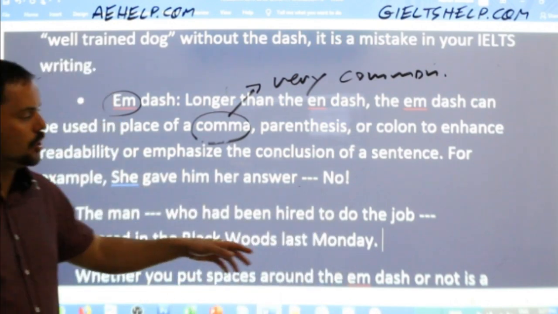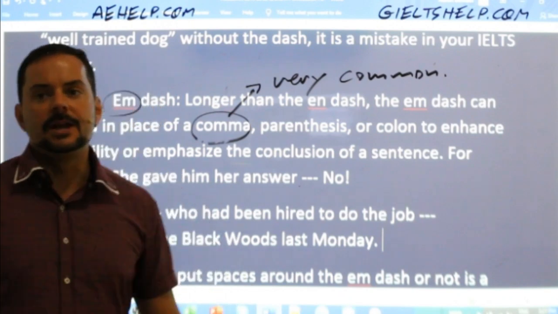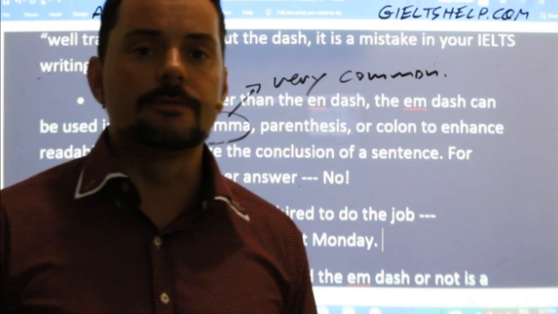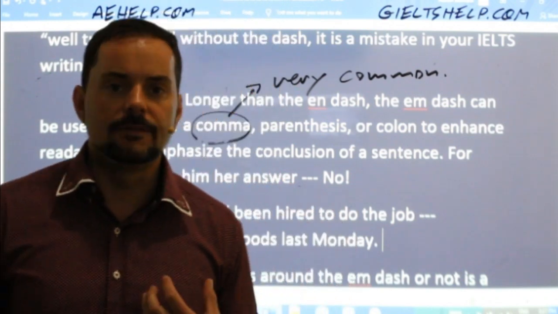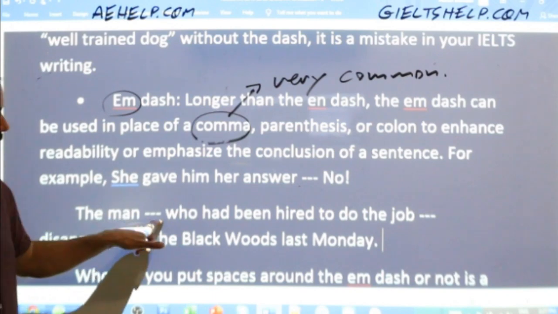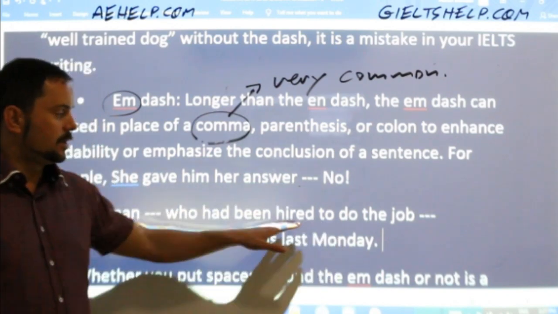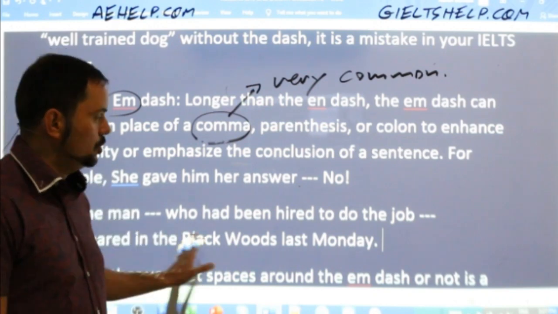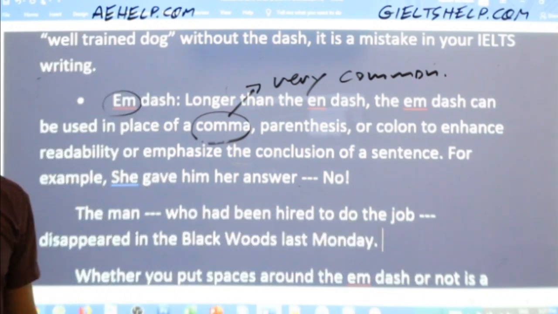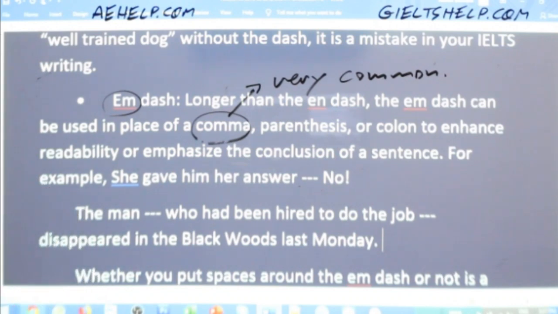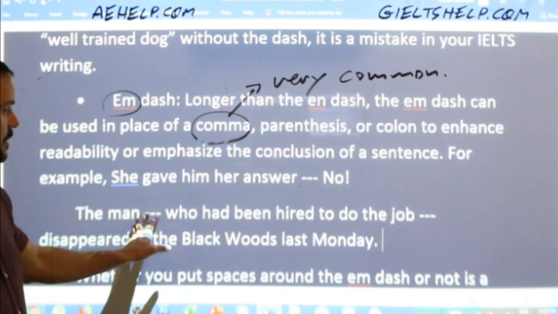That's one of the most common places to see it, and I might choose to do this, especially if I'm using a lot of commas. Okay, so if I'm using a lot of commas in my writing, and I want to create this kind of additive clause, or definitive clause, then I can choose to use the em dash. That's one of the most common ways where I might opt for the em dash.